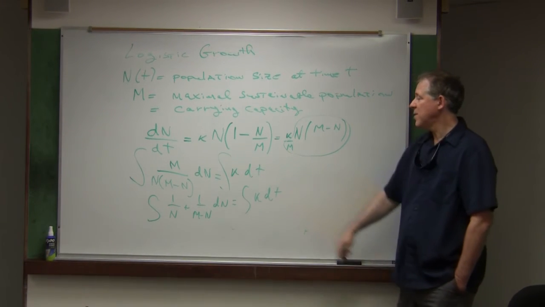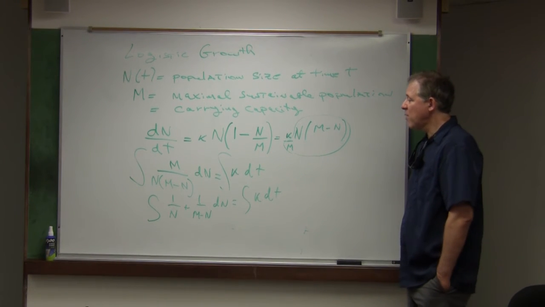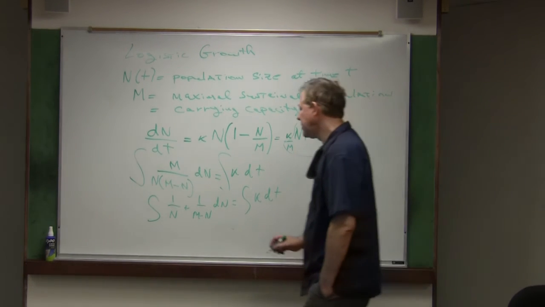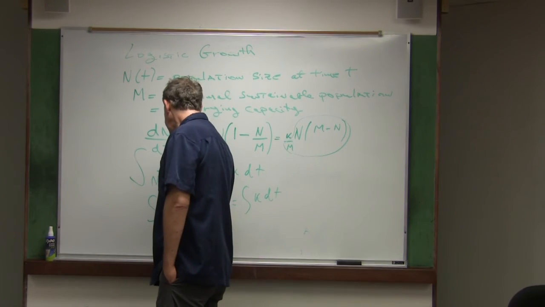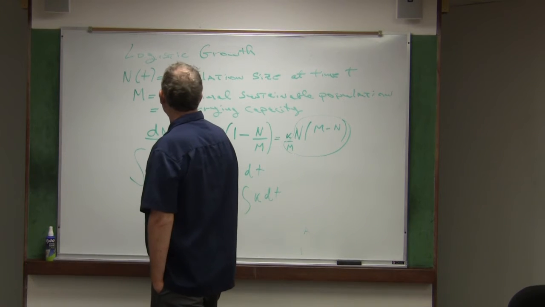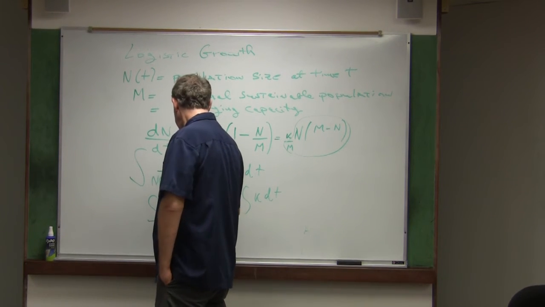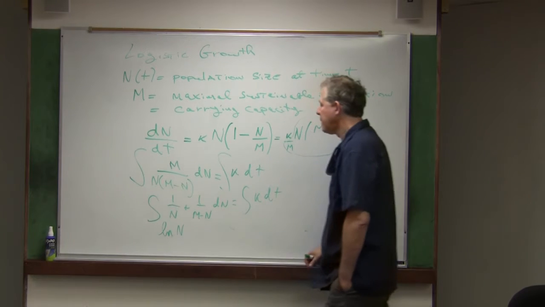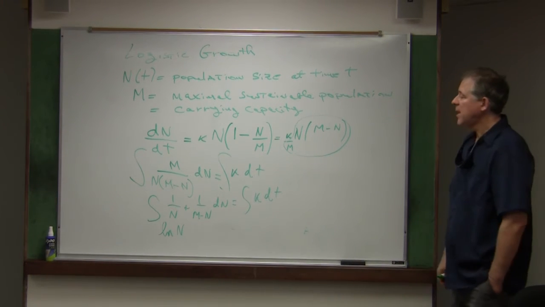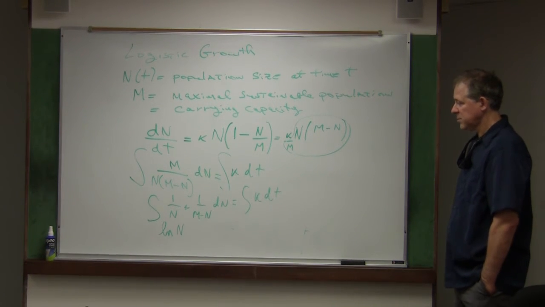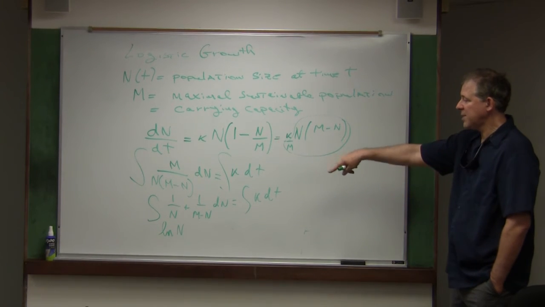What's the antiderivative of 1 over N dN? ln, and these are going to be positive, so we'll just put ln N. And what about the antiderivative of the other?